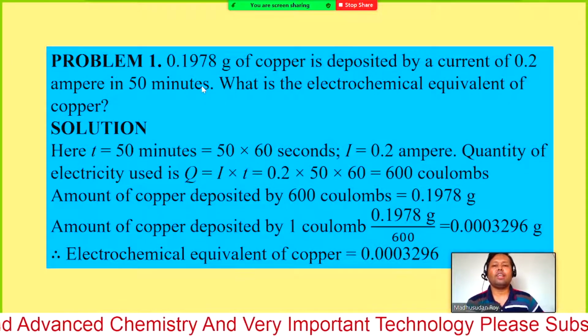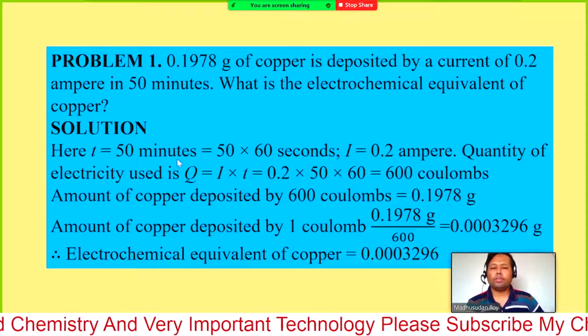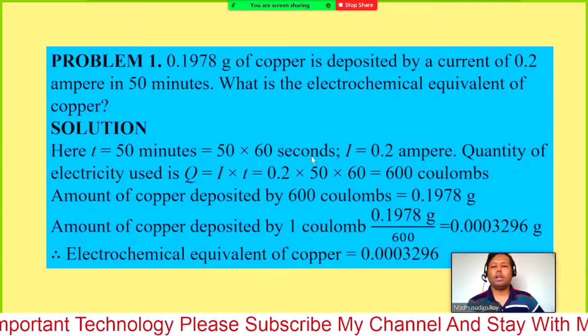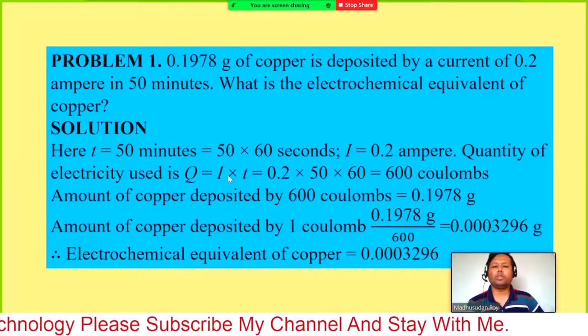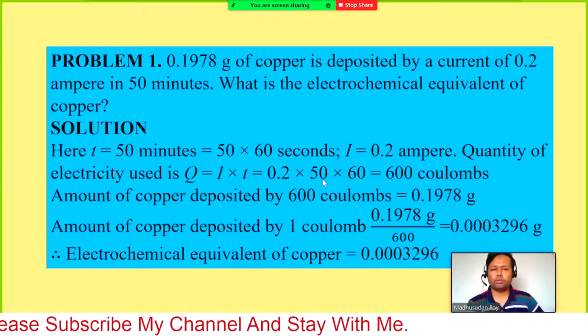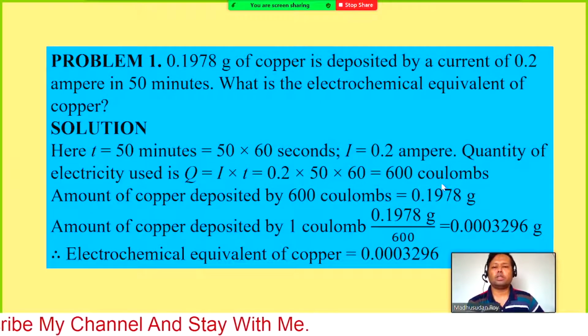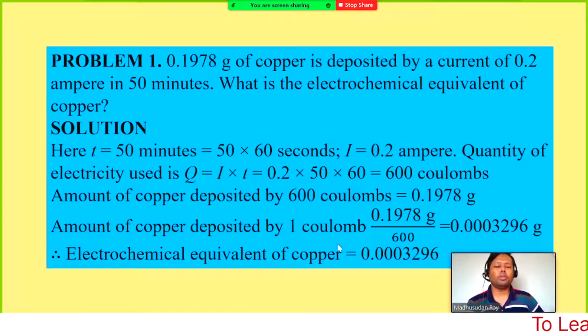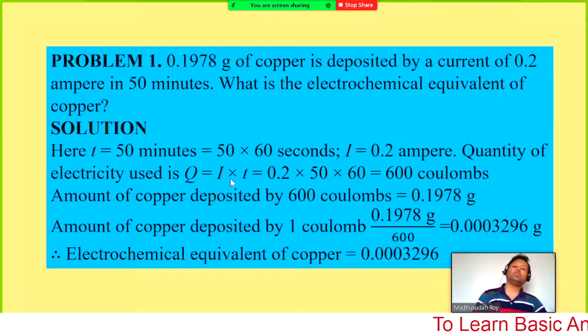So T equals 50 into 60 seconds, I equals 0.2 ampere. The quantity of electricity used, Q equals IT, 0.2 multiplied by 50 into 60, that is 600 coulombs. The amount of copper deposited by 600 coulombs is 0.1978, so the amount deposited by 1 coulomb, that means Z, is what we need to find.